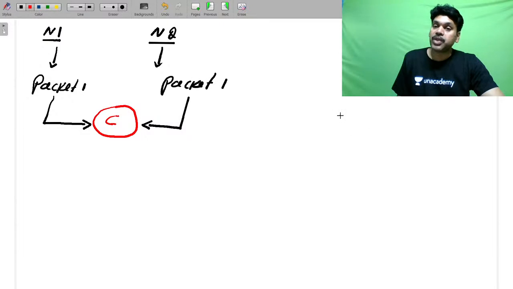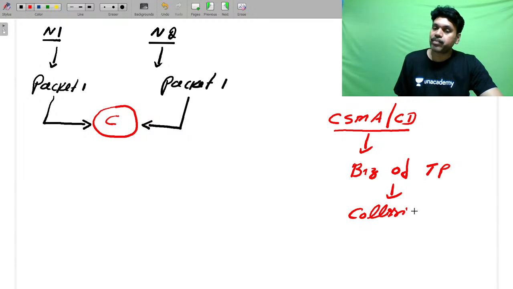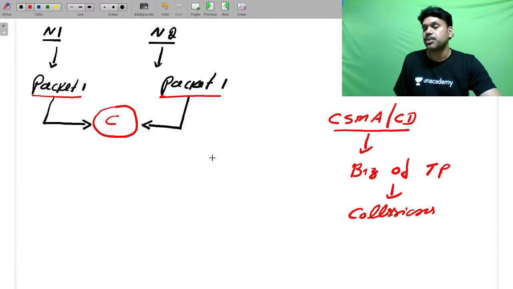Even though we are using CSMA/CD, naturally CSMA is going to give you 100% collision free, but unfortunately, because of propagation delays, still there may be minute collisions. Here the nodes are not involved in the collision, please observe: packet 1 of node 1 and packet 1 of node 2 are in the collision.